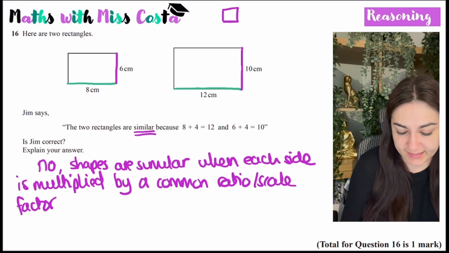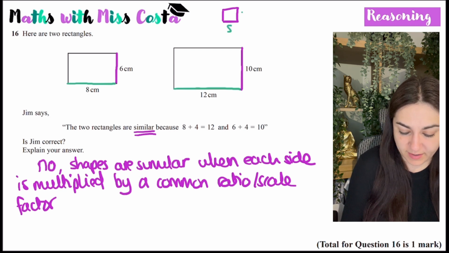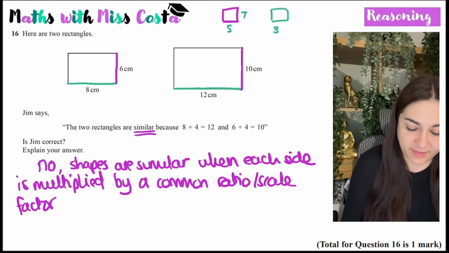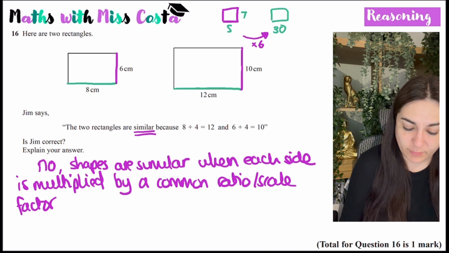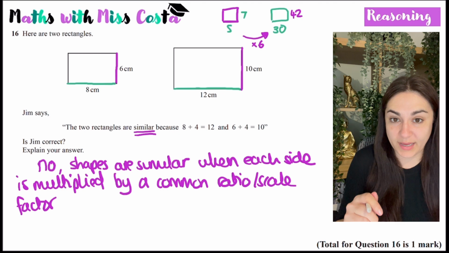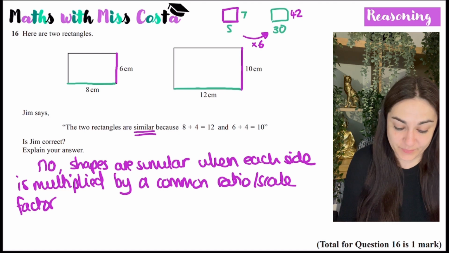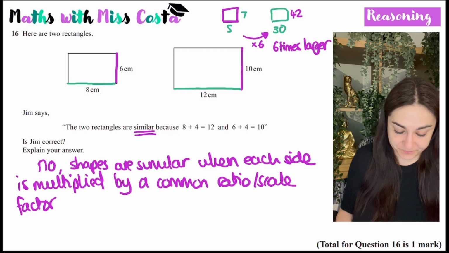So what that means is if I had this square, well, let's make it a rectangle actually, and that was 5 and that was 7, and this length here was 30. What have I multiplied 5 by to get to 30? I multiplied it by 6. 7 multiplied by 6 is 42. So because each side of the rectangle is multiplied by 6, basically this rectangle is 6 times larger. That's how I know that it's a similar shape.